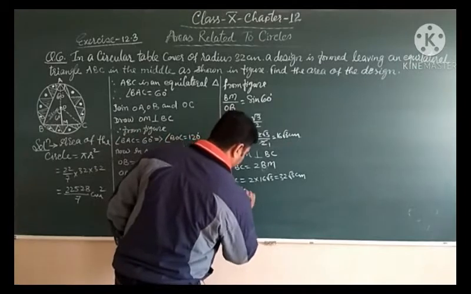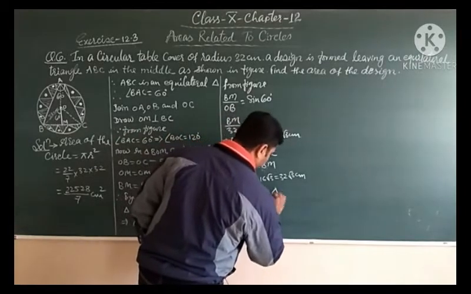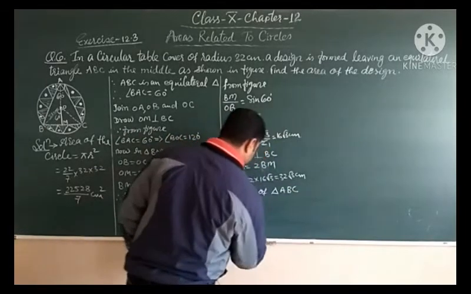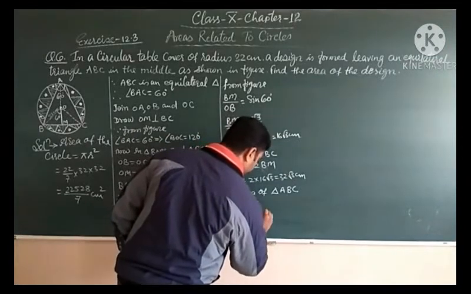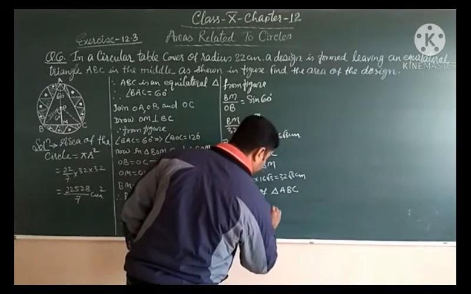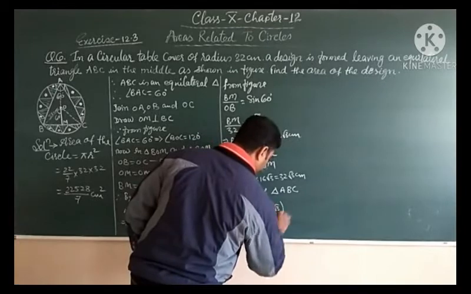Therefore, the area of triangle ABC is equal to root 3 by 4 into side square, that is 32 root 3 whole square.